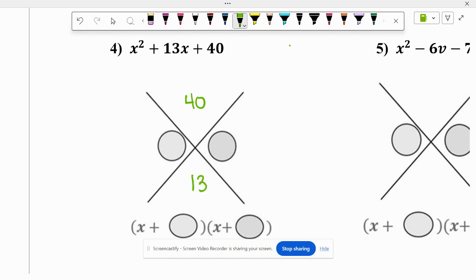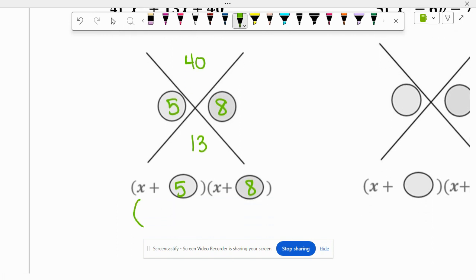What are two numbers that you can multiply together to get 40 that when you add them, you get 13? 5 and what? 8. Yeah. 5 and 8. Those are both positive. So x plus 5, x plus 8. x plus 5 times x plus 8.